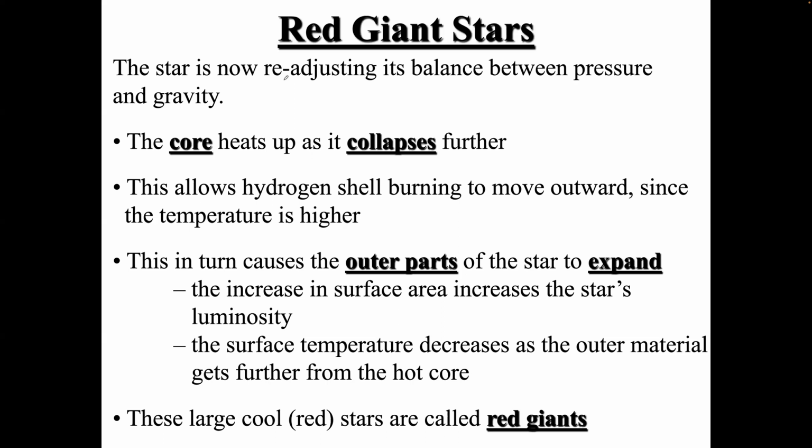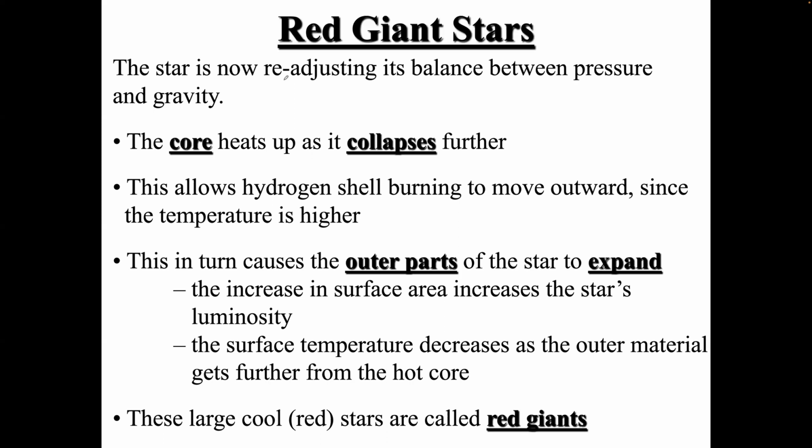And when this collapse is happening, the core gets heated up again, and once the core heats up, the hydrogen shell around the core will move outward, because of the higher temperature. As a result, the outer parts of the star will expand, and once the outer parts expand, the surface area of the star will increase.